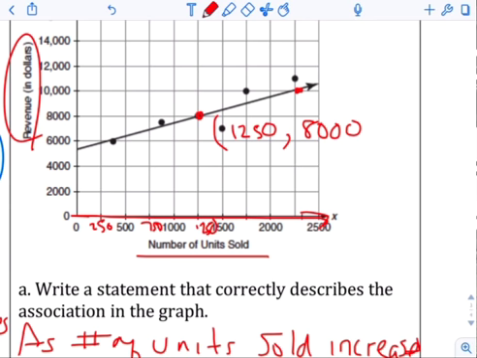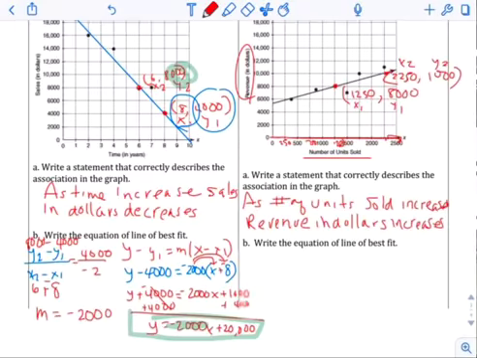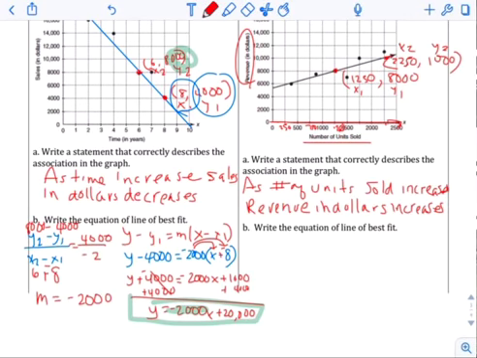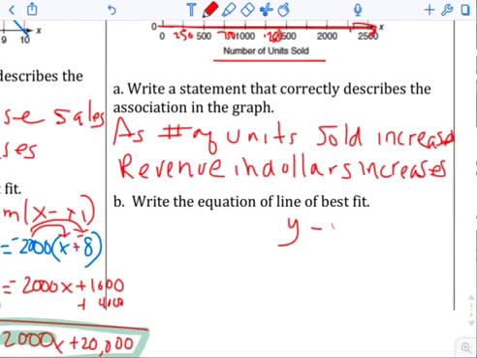That's 2,250 and 10,000. x1, y1, x2, y2. Okay, and you do y minus y1 equals m parentheses x minus x1.